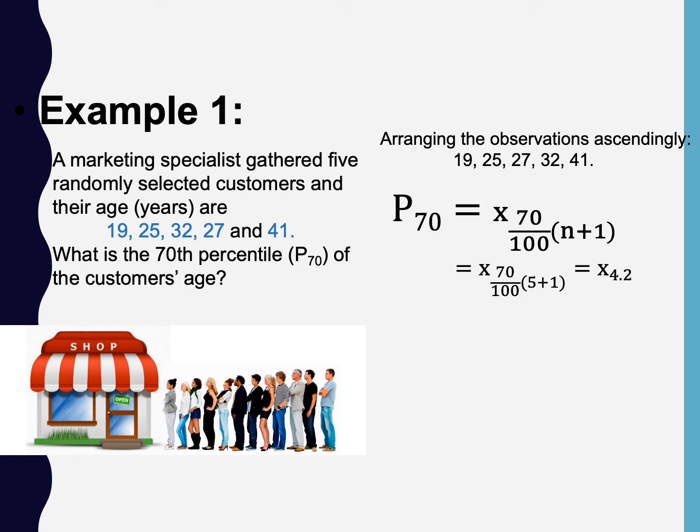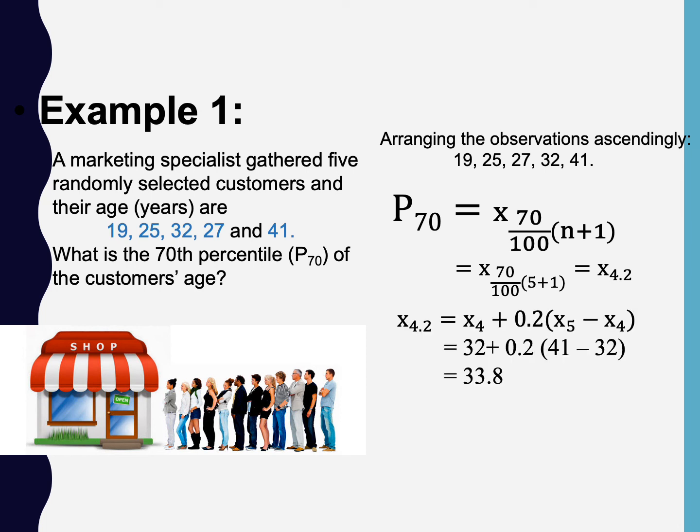So the position lies in x sub 4.2. Here, notice that the decimal part is not the middle value or 0.5. So the only way to solve this, to get the percentile, is using the alternative solution.